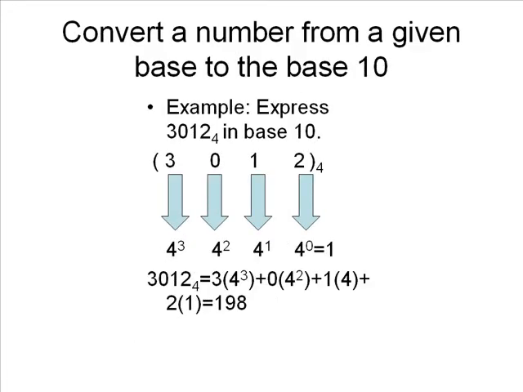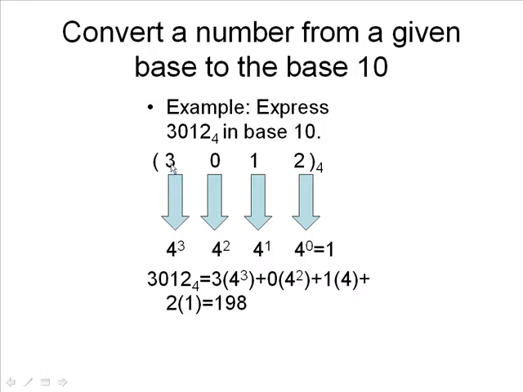Type 1, convert a number from a given base to base 10. This is an example from the textbook on page 25. Express 3012 to base 4 in base 10. From the last slide, we can see from right to left, these symbols represent 1, 4, 4 squared, 4 cubed.